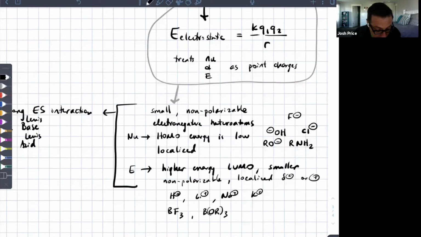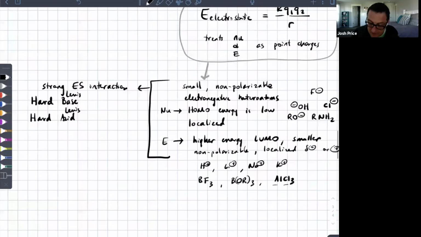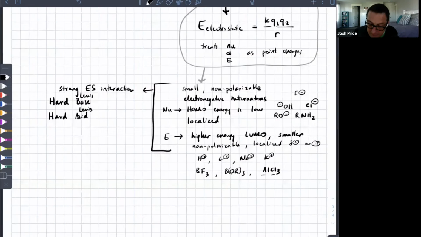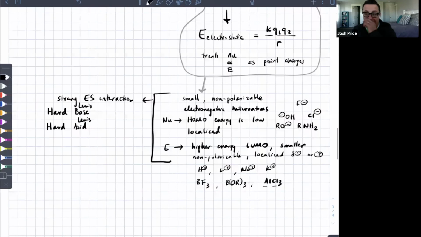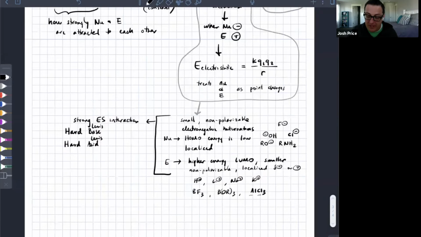And then another few that you tend to see in Friedel-Crafts reactions: aluminum is a fairly non-polarizable electrophile.